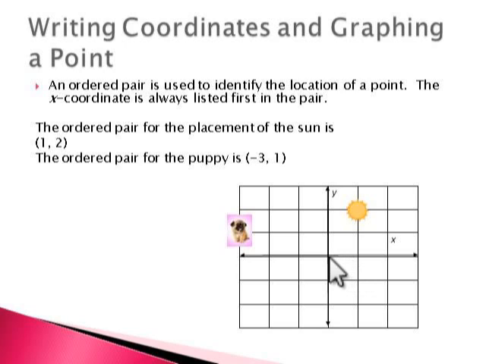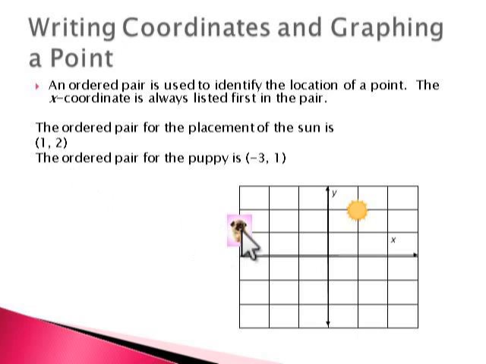So to go to the sun line, we have to go over 1. So you can see in the ordered pair for the sun, a 1 is first. Then we're going to go up 2. That would be a positive direction. And so a 2 is my y coordinate. So it has an x coordinate of 1 and a y coordinate of 2.